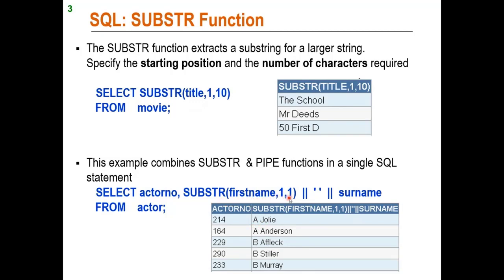I'm extracting a single character starting from the first position in the first name column, and then I combine it with the surname column with a space in between. Okay, so that is how I use the substring. These are very powerful, very useful string operators we regularly use in the industry.